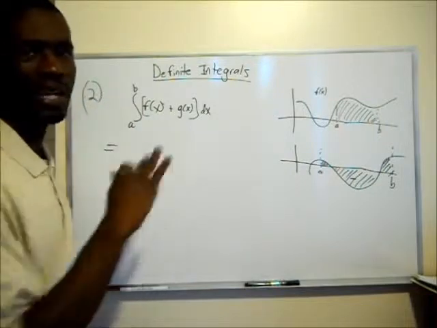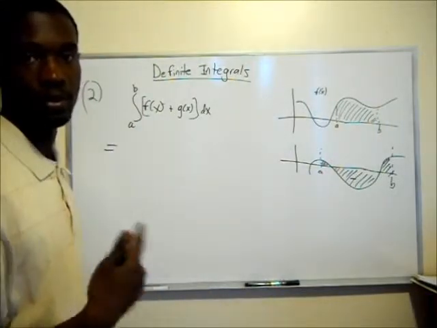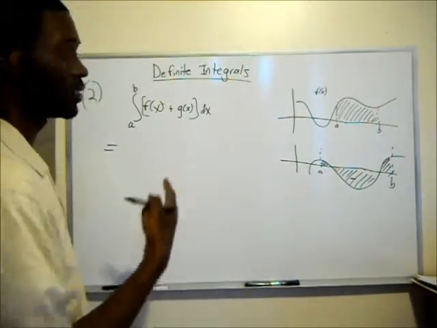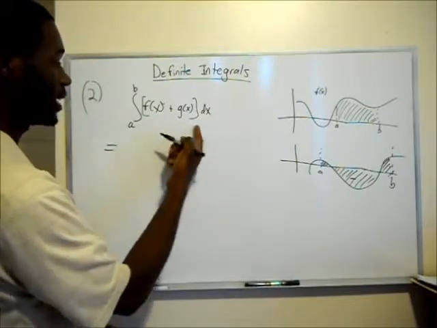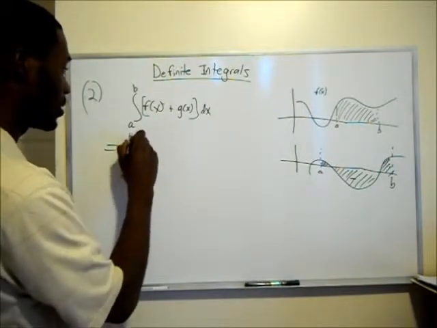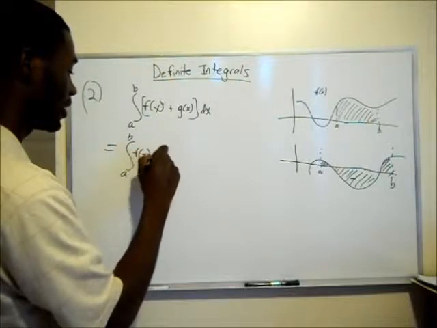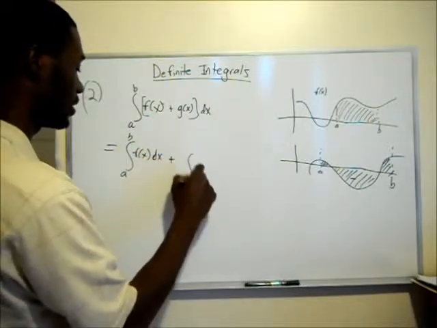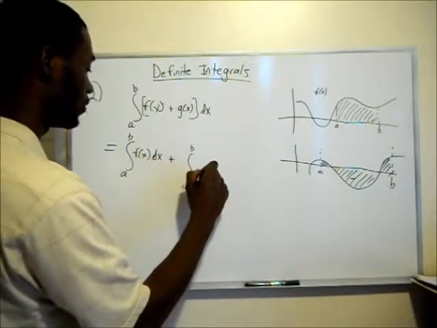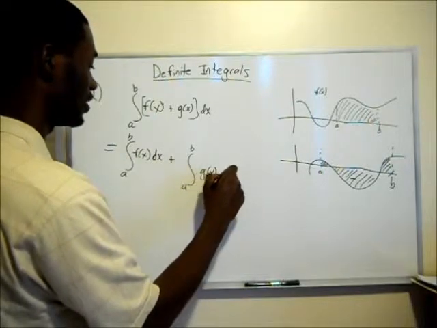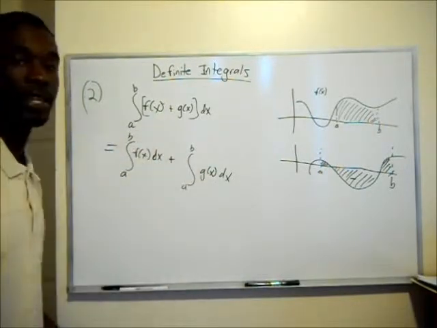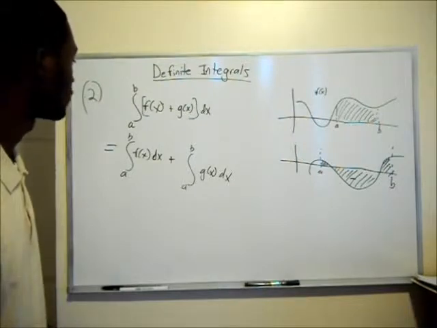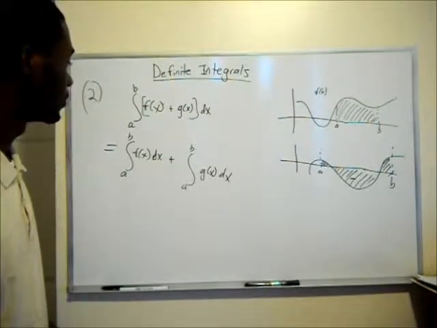These are just identities I'm giving you. So number one was the fundamental theorem of calculus. This one is the addition rule. So if you have them together being added, you can easily split them up to get this plus the integral from a to b of g of x dx. So these two are equal. That's the second identity you have.